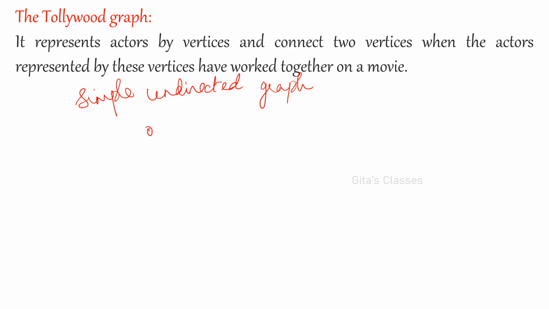So you can write your own favorite actors or actresses. So A, B, C, D. If you know the movie in which A and B have acted together, then you can say that there is an edge. Similarly, A and B have acted together.